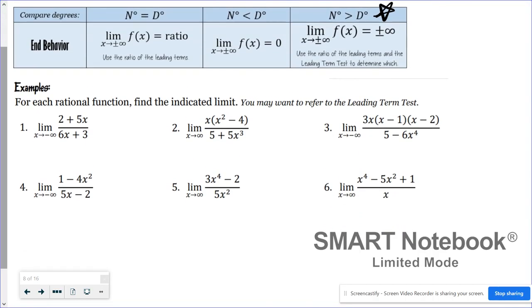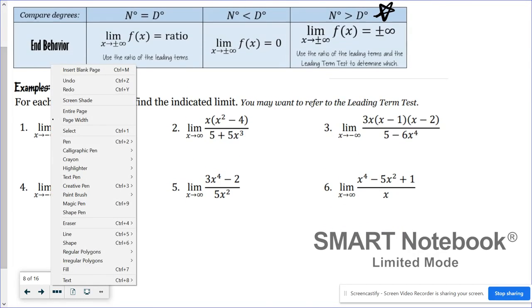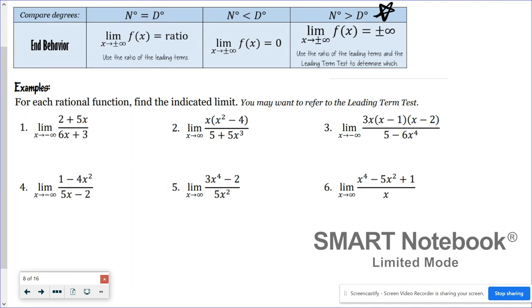So for all of these, what I need to do is identify the leading term. So I'm just going to get out my highlighter and do that. In fact, I might just do that for all of them, okay? So here, I've got positive 5x on top, 6x on the bottom. In problem 2, I'll have to do some calculating to figure out what's on top. Same with number 3, because it's in factored form on top.